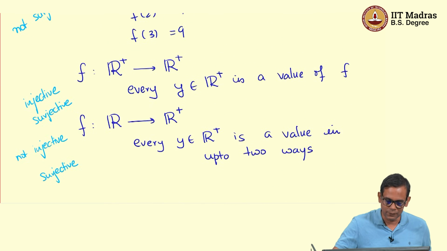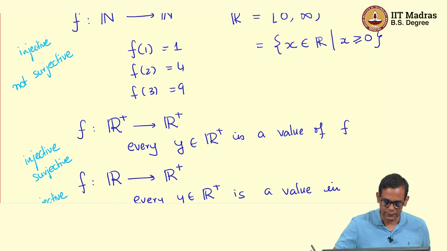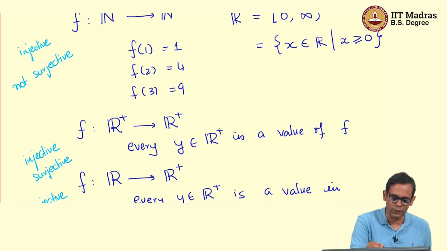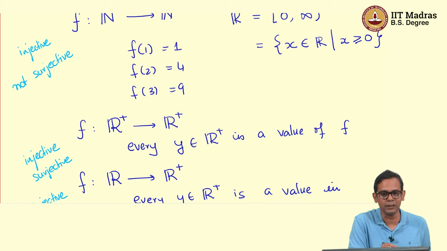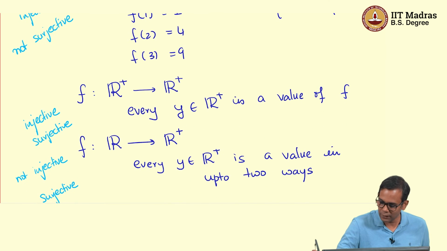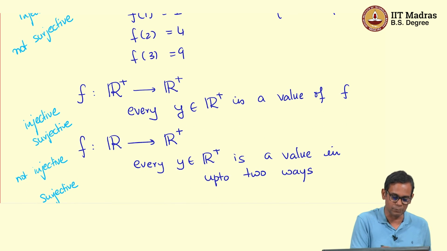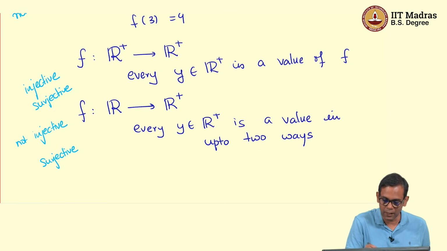In our examples, we see that x goes to x squared as a function from N to N is not a bijection, because it is injective but not surjective. From R plus to R plus, it is a bijection because it is both injective and surjective. From R to R plus, well, it is surjective but not injective. So, once again it is not a bijection.